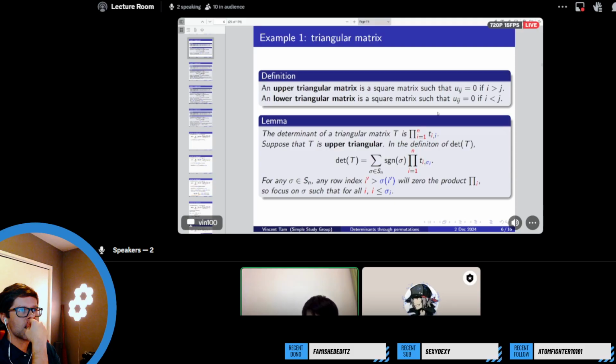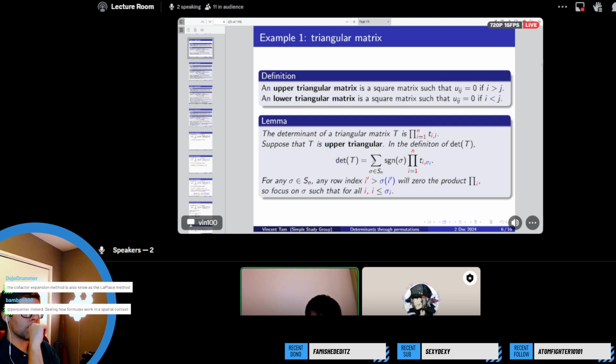Without loss of generality, I'm simply assuming that this matrix is upper triangular. We recall the definition of a triangular matrix.